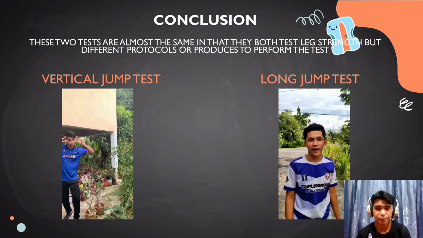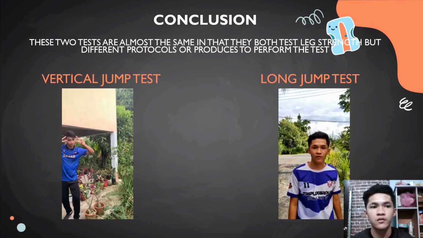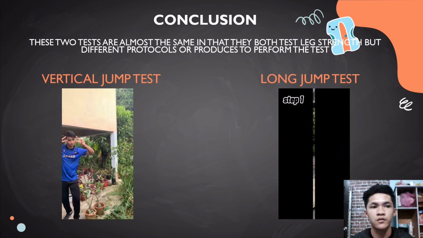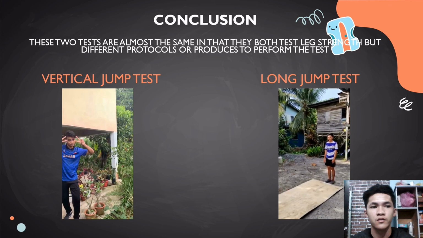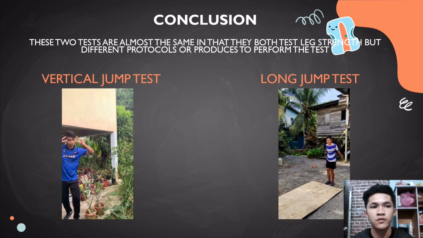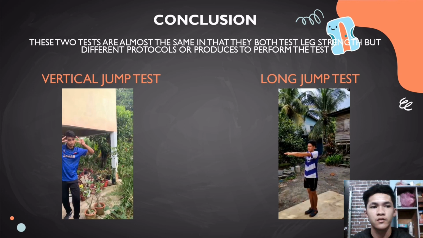Okay. Good evening everyone. In this video we will show the protocol of the long jump test. So let's get started. Okay, step 1, the subject stands behind the straight line. Step 2, the subject swings both hands backward and bends the knees.